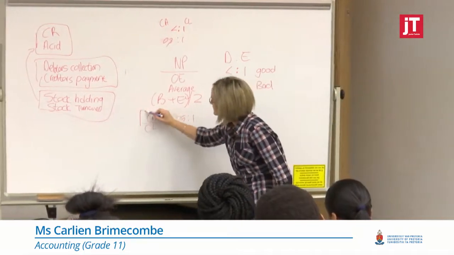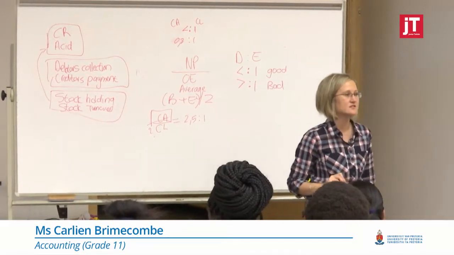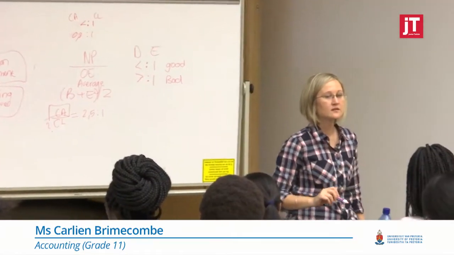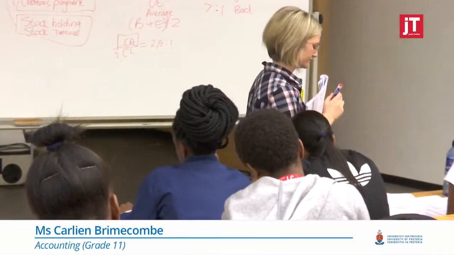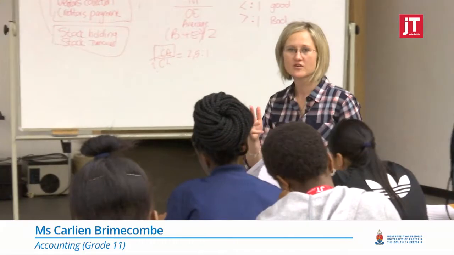Now, can I solve, because that's a question mark, can I work out the current assets? Yes, I've got the information there. How do I work it out? What do I need to add? First, what forms part of current assets? So you need to take trading stock plus cash and cash equivalents plus trade debtors.